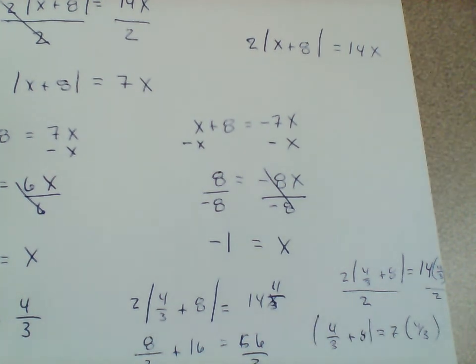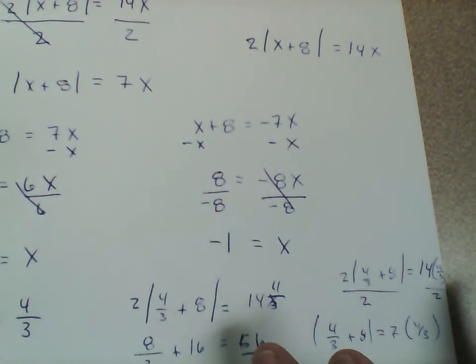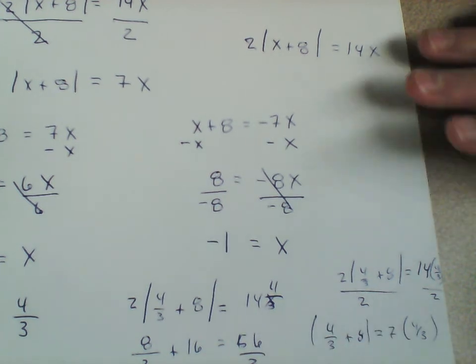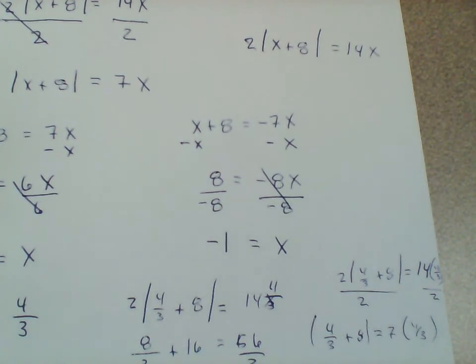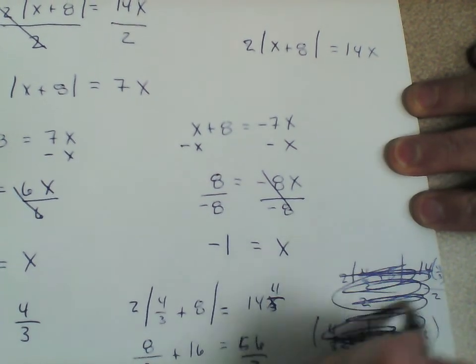What we're going to wind up with on this side is extraneous. Oh, I don't know why I'm putting in 4/3. That's why I'm screwing it up. I'm supposed to be putting in -1.